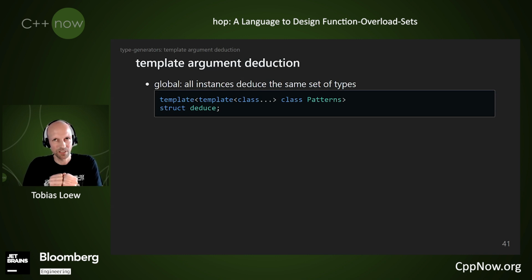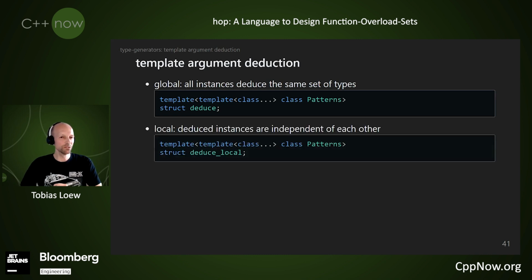So when we give this a pack of vectors and we want to deduce the value type of the vector, all arguments specified for the pack have to deduce the same type for the vector, the same value type.